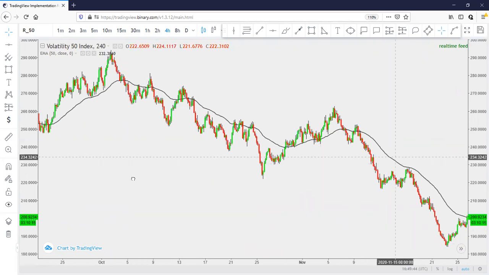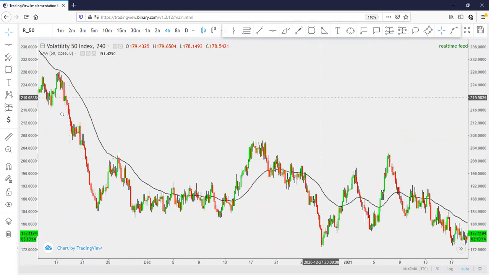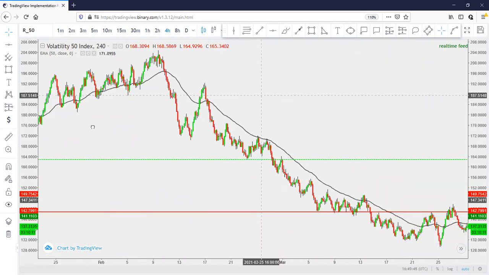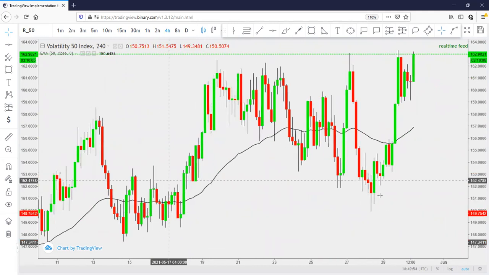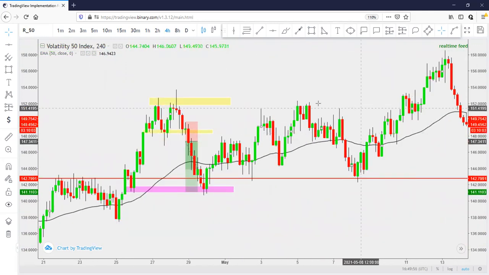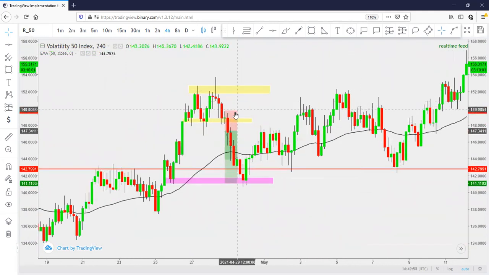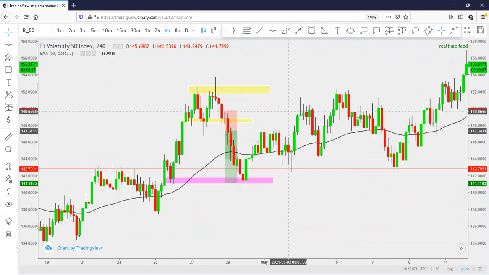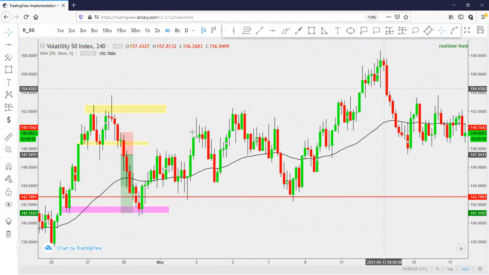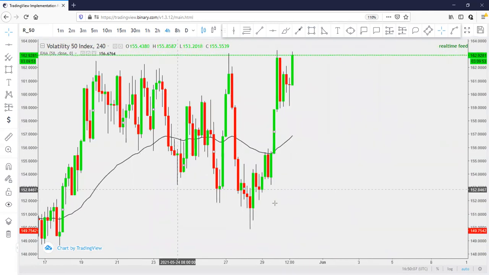So that is just one example. Where were we? Here we are. That's just one example where we waited. You see, we had this candle close. We went back to our lower time frame and we got a very good entry.